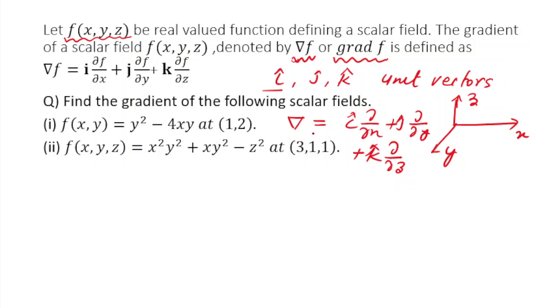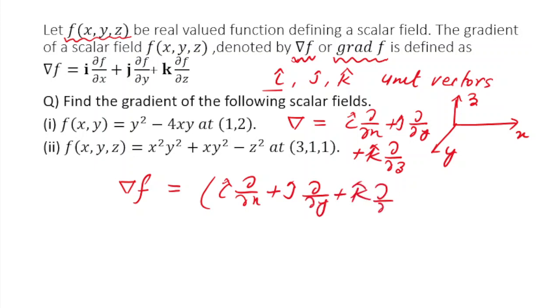So if I operate this on a function, suppose the function is f, and I operate it on f, what will it become? It will become i del by del x plus j del by del y plus k del by del z, operating on f.